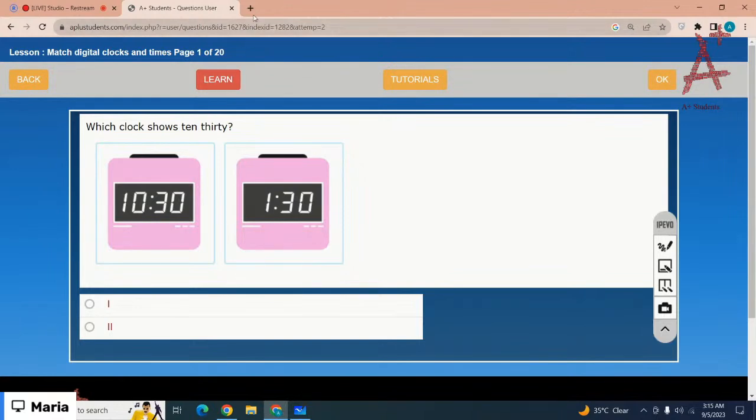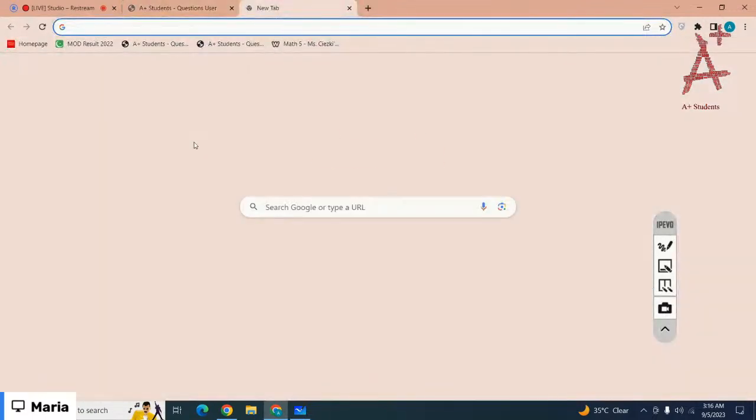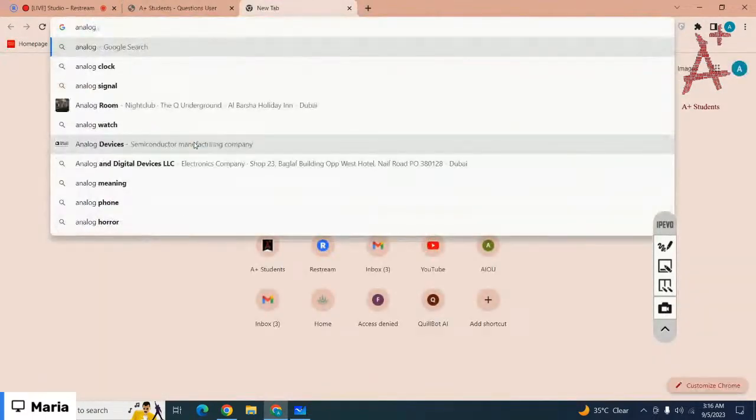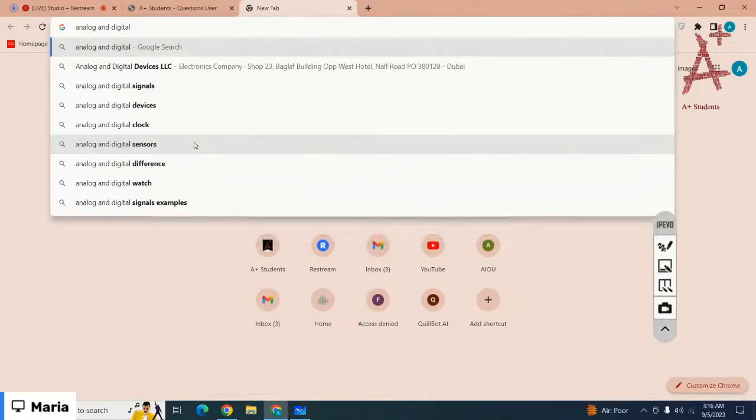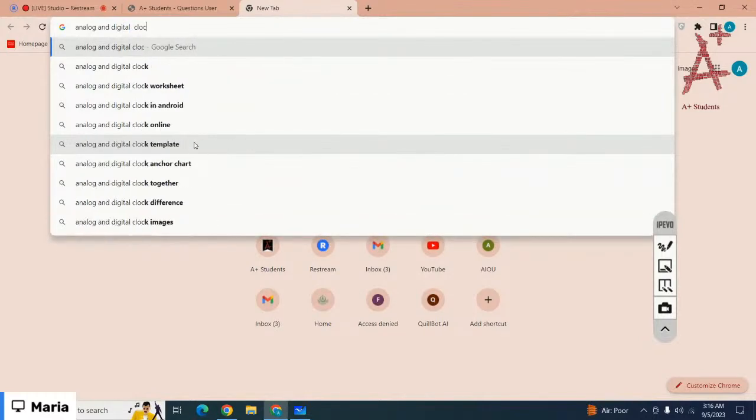This one is the digital clock. Let me show you the analog and digital clock so that you cannot be confused about which one is analog and which one is digital clock.